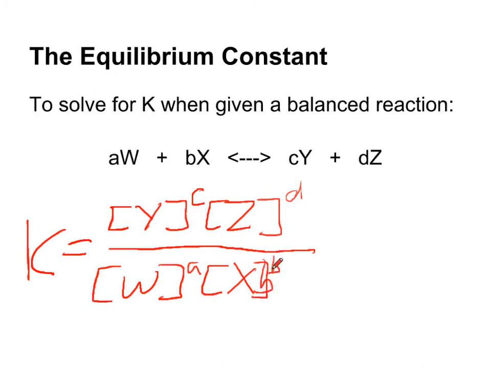So this is called an equilibrium expression. It's how you solve for the equilibrium constant. The important thing to remember is it's always products over reactants.